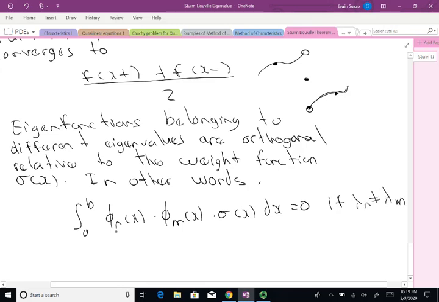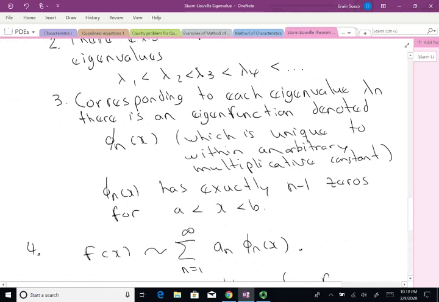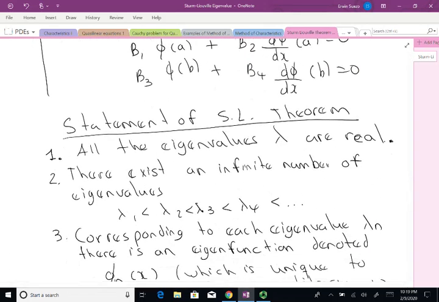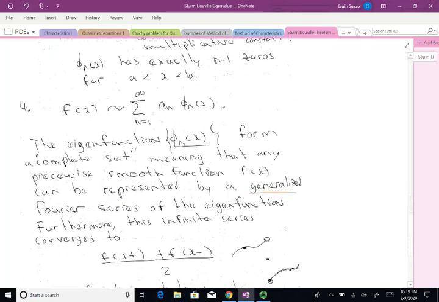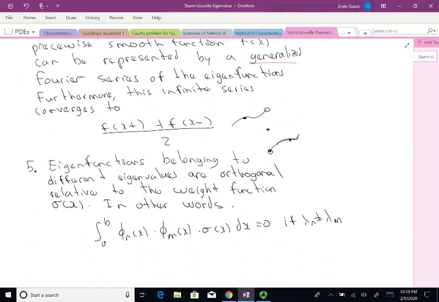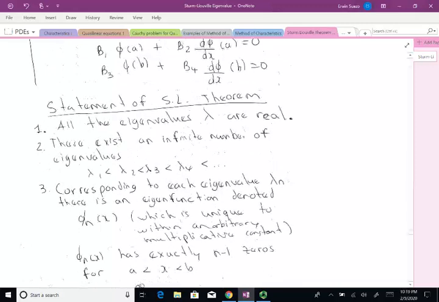So you proved that, right? The integral of sine of nx times sine of mx, between 0 and L or 0 and pi, I don't remember, with sigma equal to 1, gives you 0. So this all comes for free thanks to this Sturm-Liouville theorem. That's why engineers and physicists don't have to work so hard, because this theorem gives them everything.